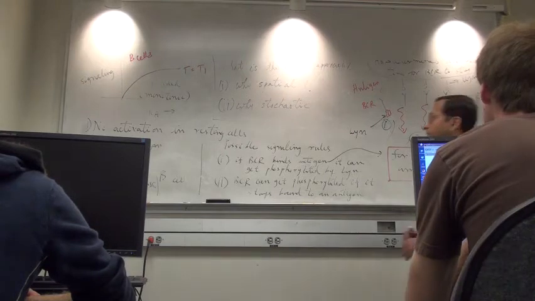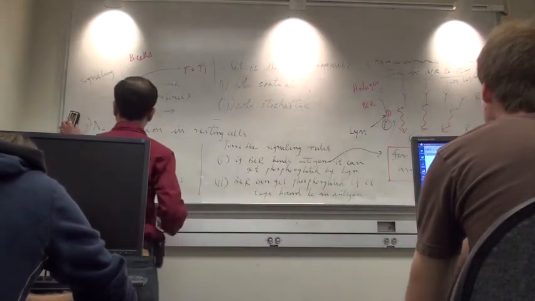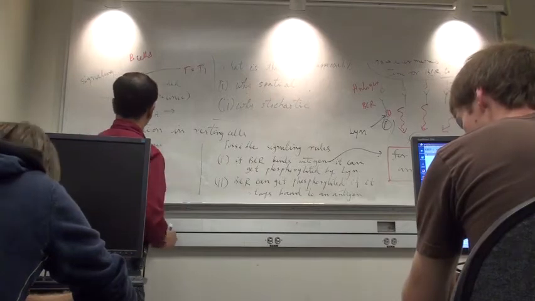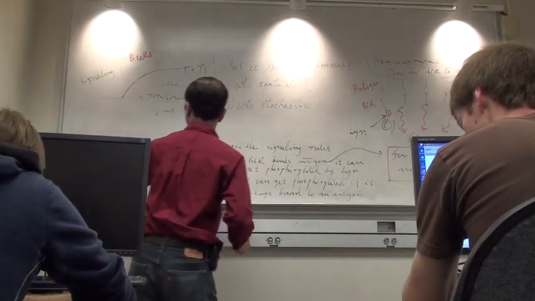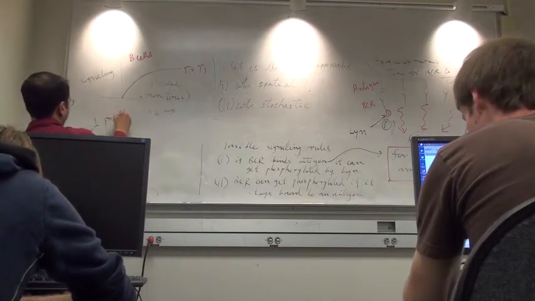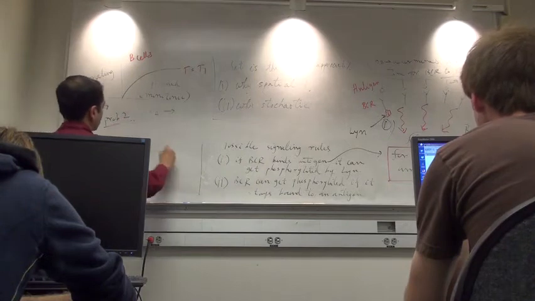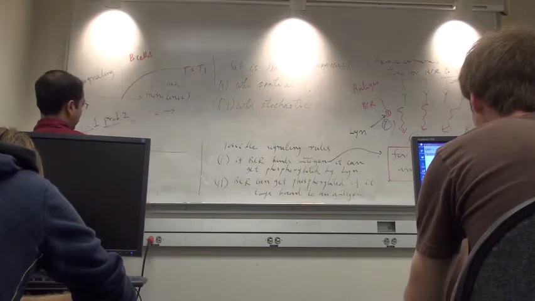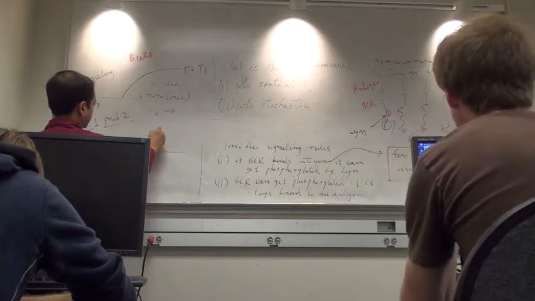For example, what you did in homework 1, problem 2, right? You have a 1D lattice and you can go left and right.